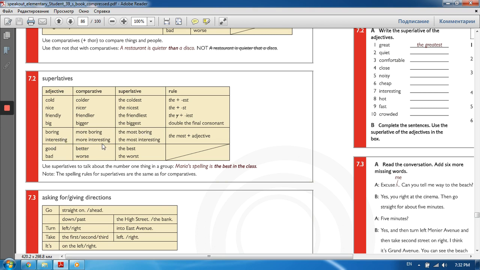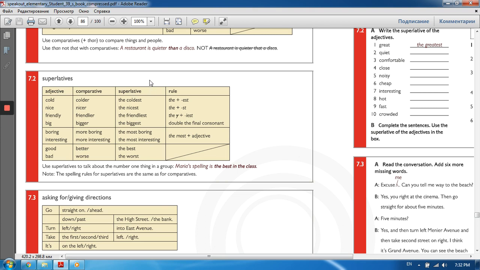Interesting, more interesting, and the most interesting. The most plus adjective. And also we have got irregular adjectives, good and bad. Good, better in the comparative, and the best in the superlative degree. And bad, worse in the comparative degree, the worst in the superlative degree.